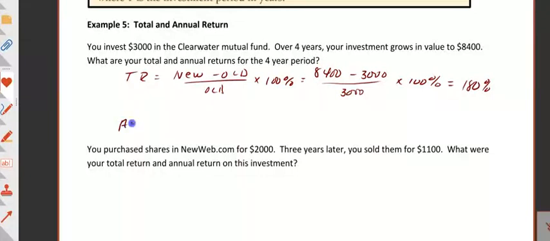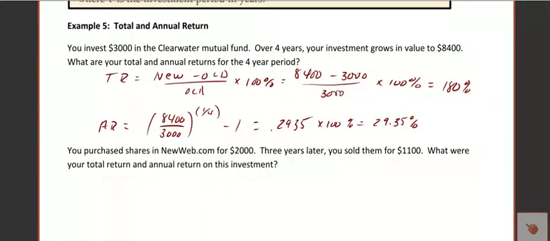The annual return, if we look at the formula, is A, which is the new value, $8,400, divided by P, your principal investment, raised to the 1 divided by Y. So that would be raised to the 1/4 power. Then we subtract 1. Determine your annual return.